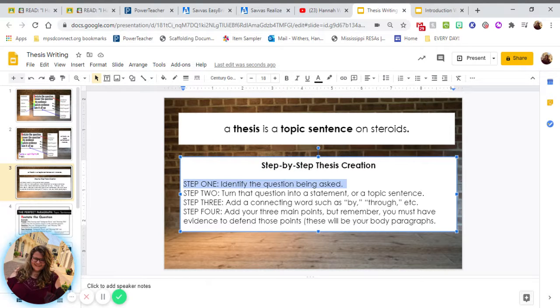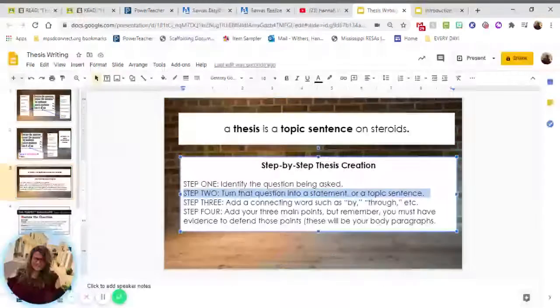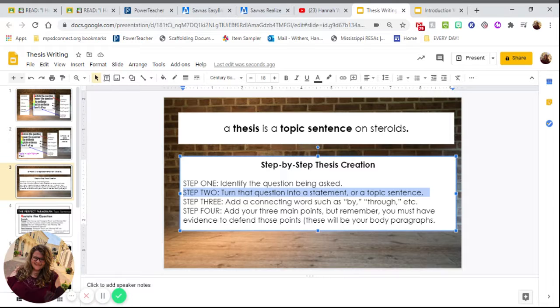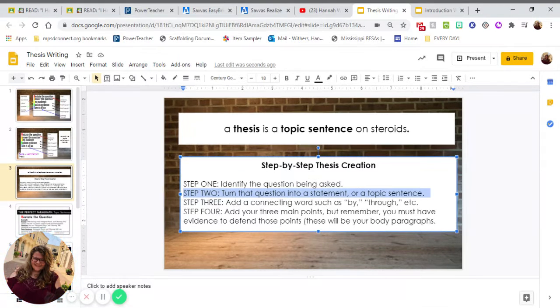So step one, you got to identify the question being asked. So if you have a writing prompt, which in English 1, we are always going to have some sort of writing prompt, you need to identify what is the question being asked. Then step 2 is we're going to turn that question into a statement or a topic sentence. And we practiced that when we did topic sentence writing. So we're going to practice that again today.